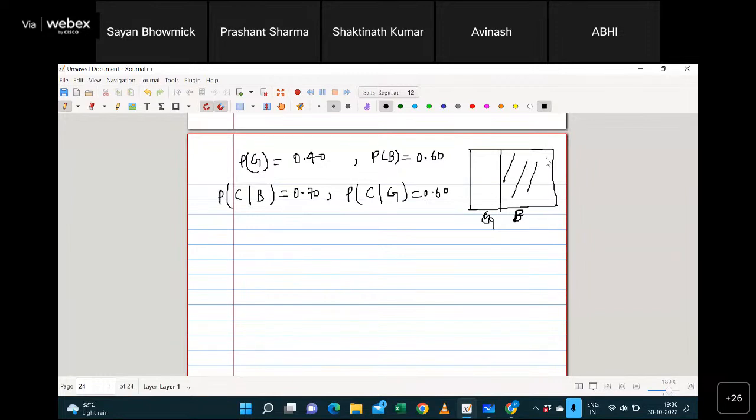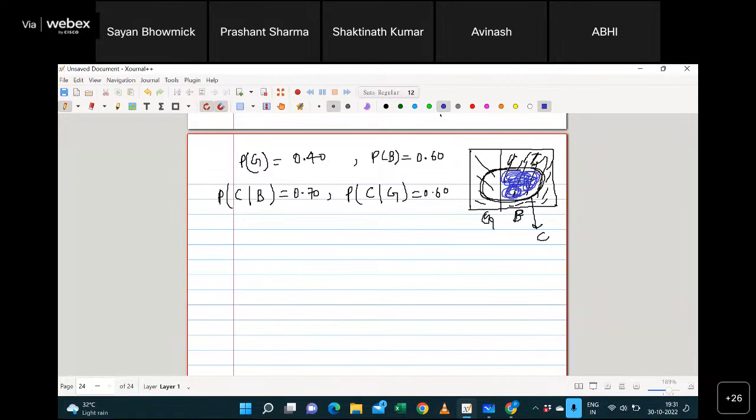These are the total boys and these are the total girls. Out of these total boys, 70% play cricket. I don't know in numbers how many boys there are, but this blue region is boys who play cricket.